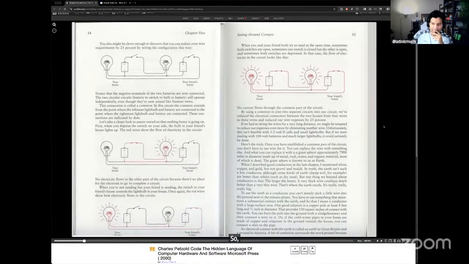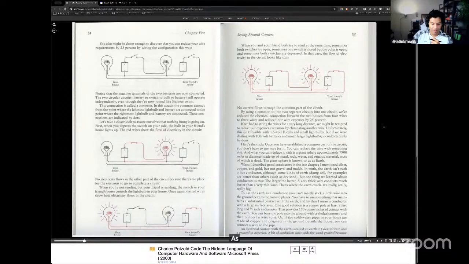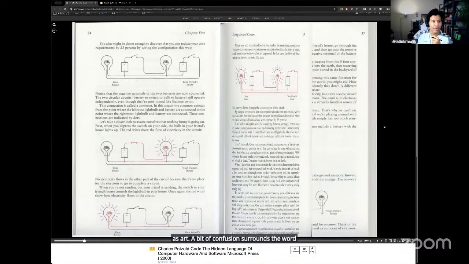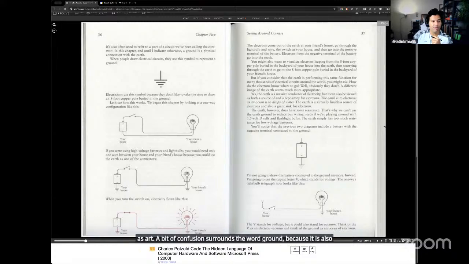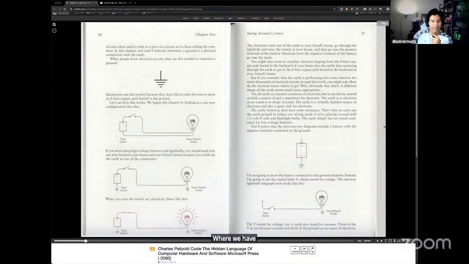So, an electrical contact with the earth is called earth in Great Britain and ground in America. I think there is different terminology, but we practice British English, so we talk about that as earth. A bit of confusion surrounds the word ground because it is also often used to refer to a part of a circuit which we have been calling the common.